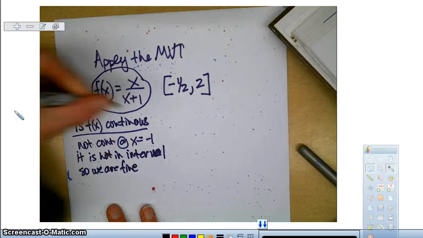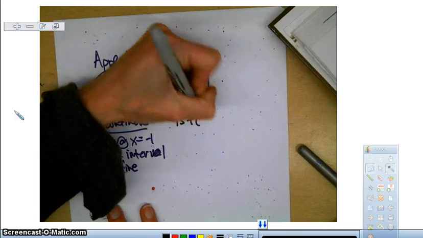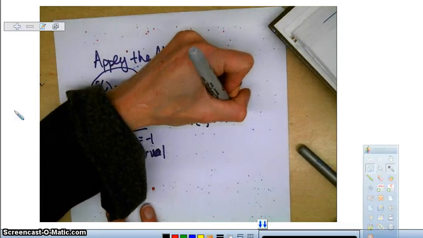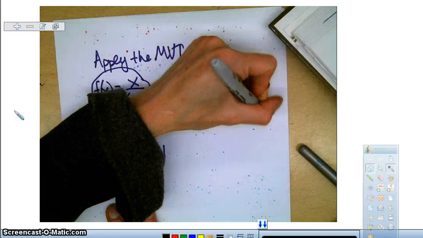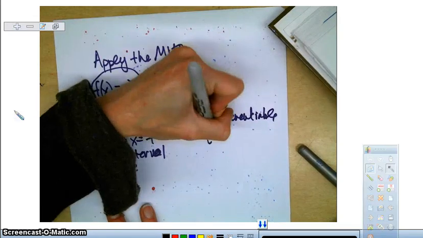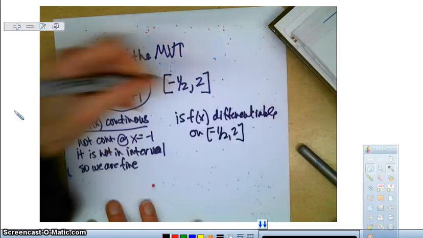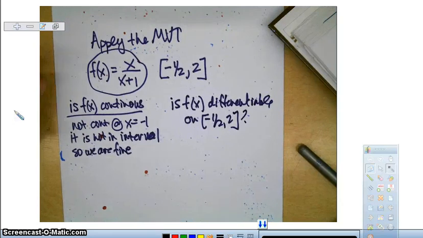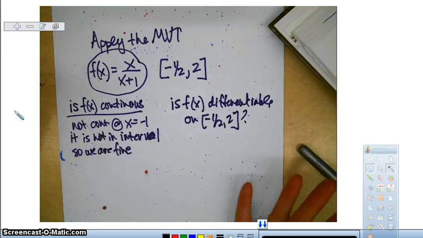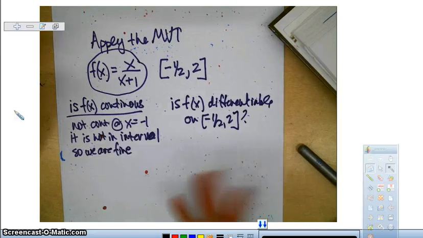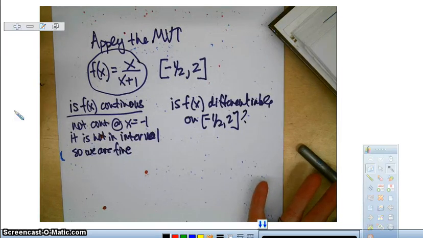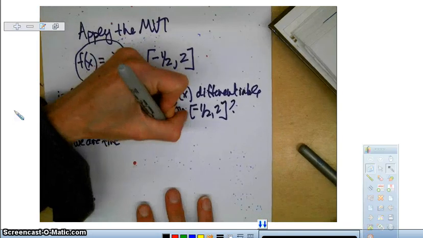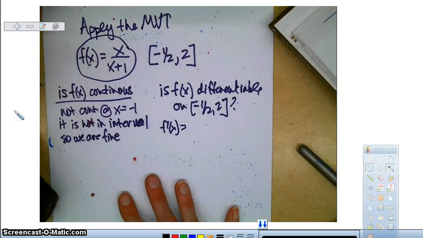Is f of x differentiable on the interval from -1/2 to 2? Well, I might need to find the derivative to figure that out, don't you think? Or I could look at a graph and see if there's sharp corners, but aren't I going to have to find the derivative anyways for the mean value theorem? So let's just do it now. So f prime of x is, what rule are we going to use?